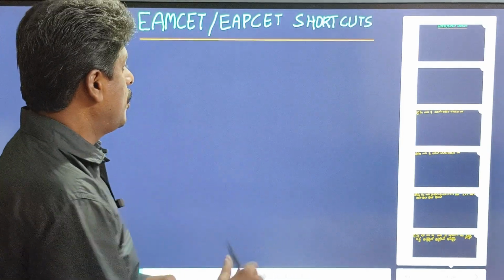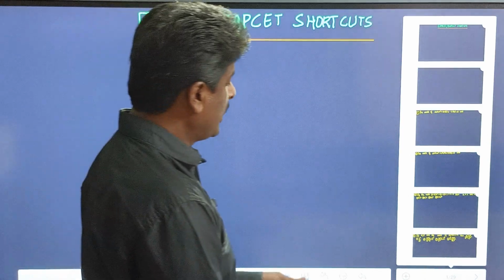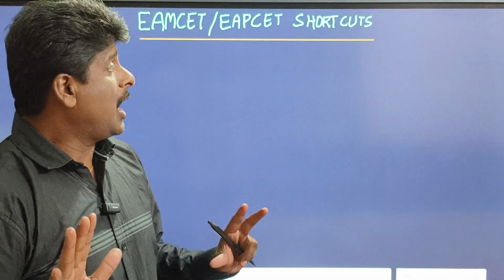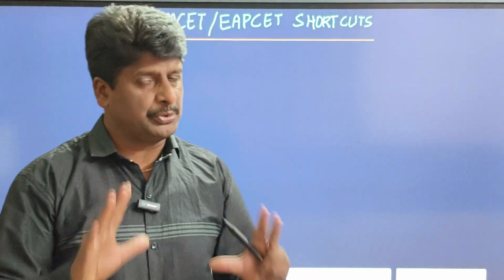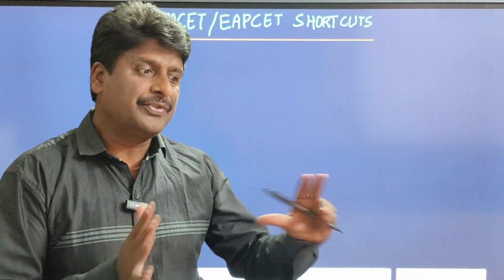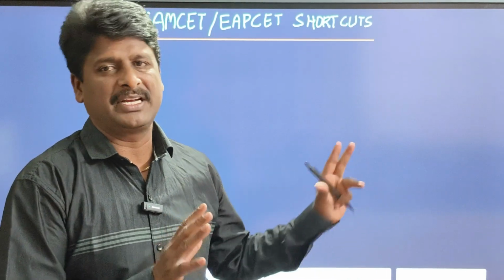Dear friends, we know very well the basic concepts of quadratic equations. Almost all, we don't want to use any formula. If there is any formula, I will write it there only.